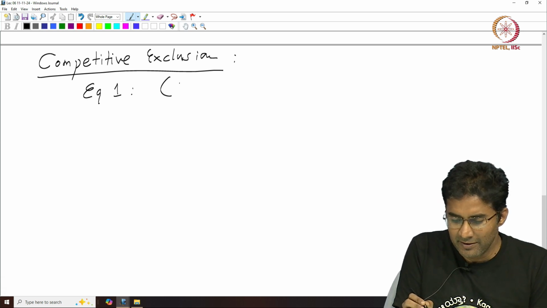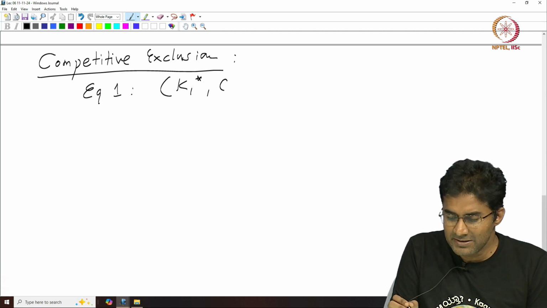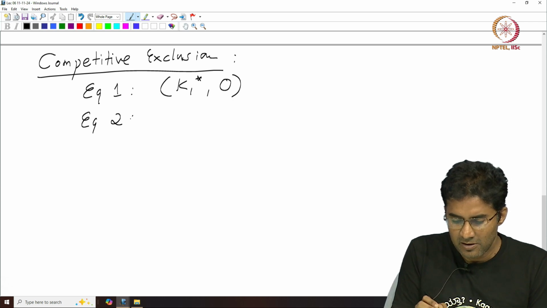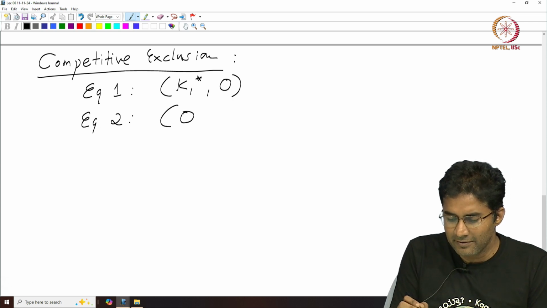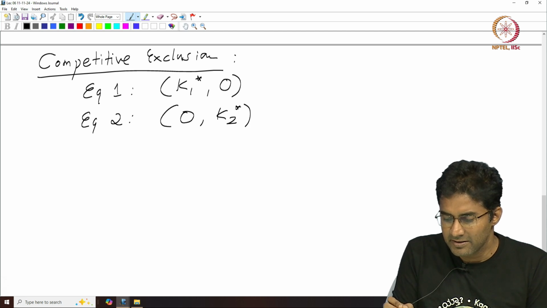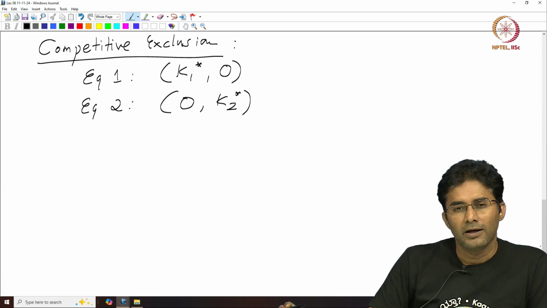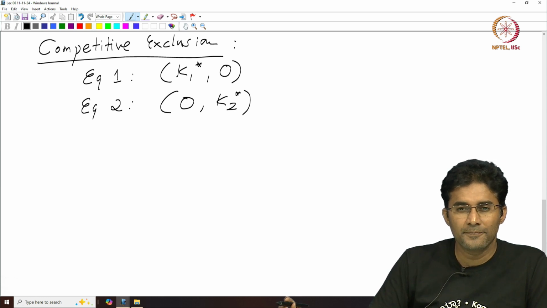Equilibrium 1 is where only species 1 is present and species 2 is absent. Another equilibrium is when species 1 is absent and species 2 is present in the population. Okay. Now, let us use a very simple idea.